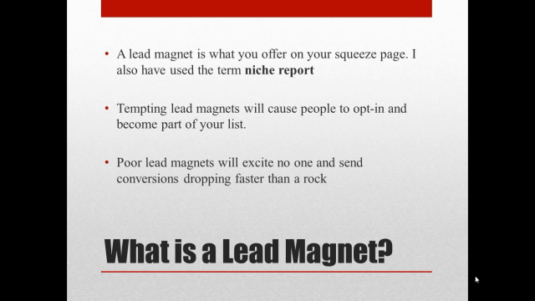So for example, let's give a squeeze page example. Let's turn to the example of the solar/energy niche subscribing list. Now, an unattractive lead magnet might be, here's a simple way for you to conserve 2 or 3% electricity off your next energy bill.